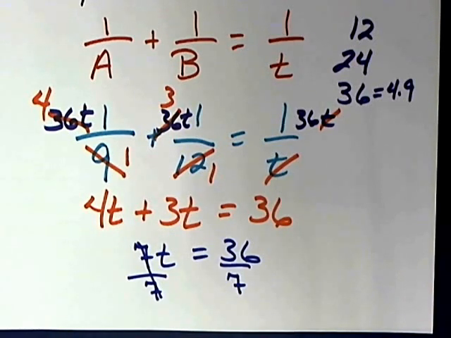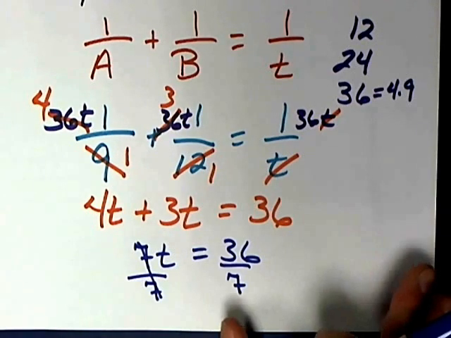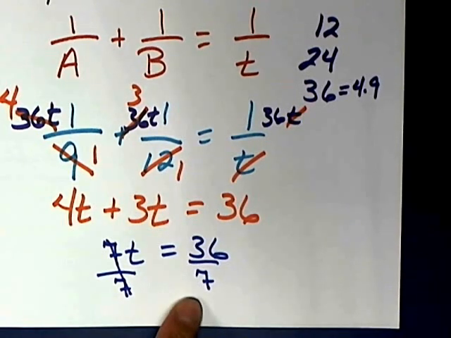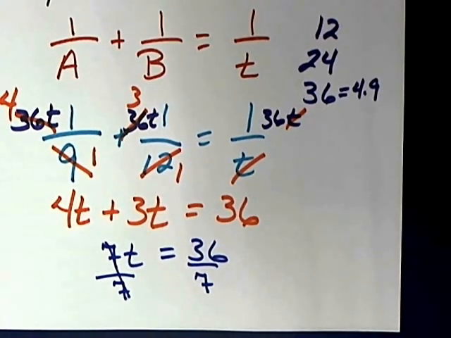So we now have to realize what kind of answer we should put, because 36/7 doesn't really tell me a whole lot about my time. So I'm actually going to divide this and turn it into a mixed number simply because I don't know what this represents. And since this is a word problem, I'm supposed to know what this number is.